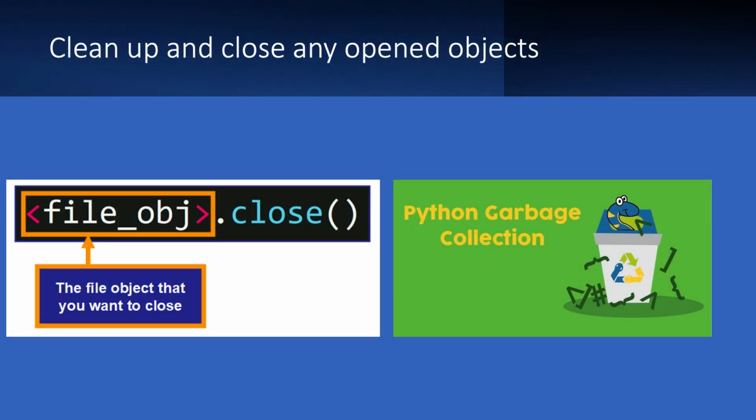Finally, when you're done working with your file, it's part of best practices to close the file object. This will allow for two things. Number one is that sometimes data is not read or written from or to the file if the file object is not closed. And the second reason why it's good to close a file object is to free up any used resources. For example, for Python to open a file, it will use up memory space, which is a resource. And if you're done with a file and you don't close it, Python will keep these resources tied up for a while.